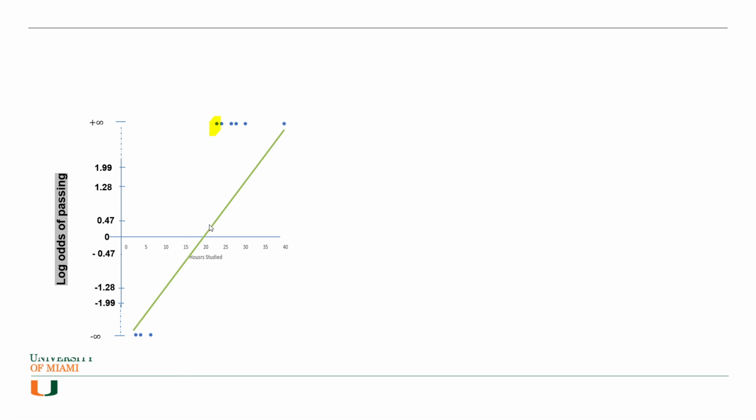And once we have found the log odds, we are going to use this formula to transform that log odds back to probability. So for this point, when you look at the log odds based on this hypothetical green line, you get 0.47, and then when you plug it back into this formula, you get a probability of 0.61.